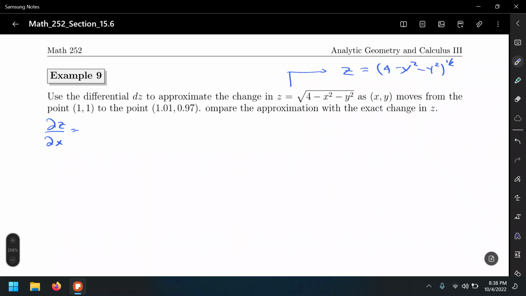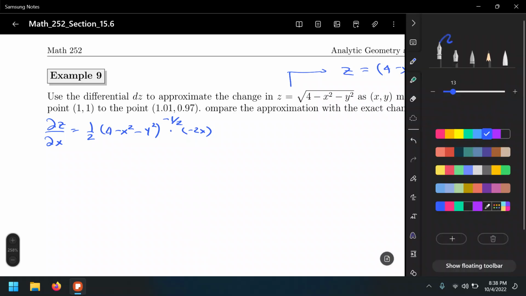So the derivative will be the exponent, which is 1/2, times (4 minus x squared minus y squared) to the 1/2 minus 1, which is negative 1/2, and times the derivative of the quantity inside the parentheses with respect to x, which in this case is negative 2x.